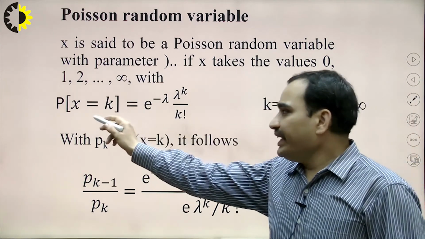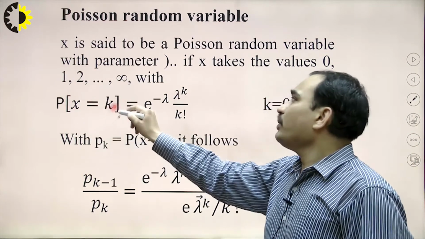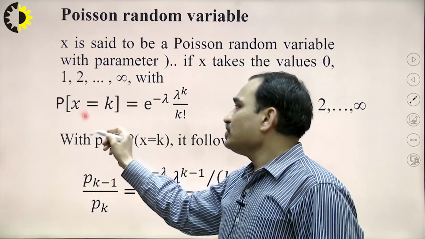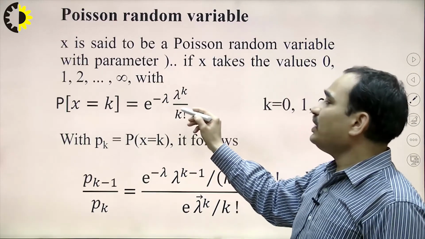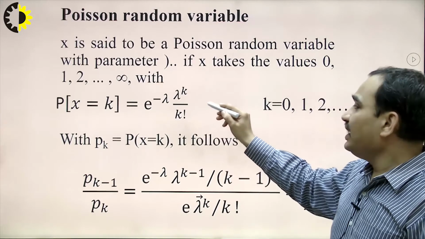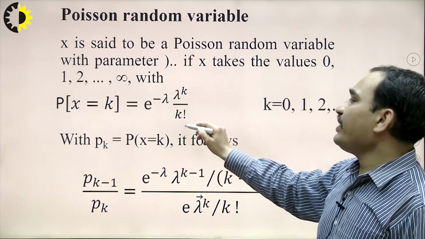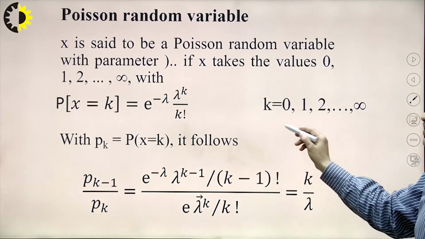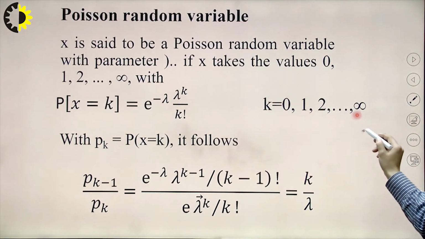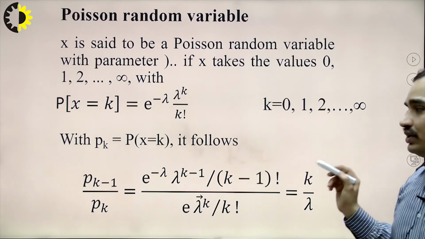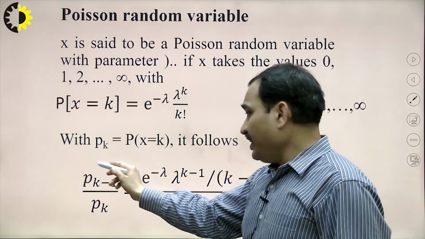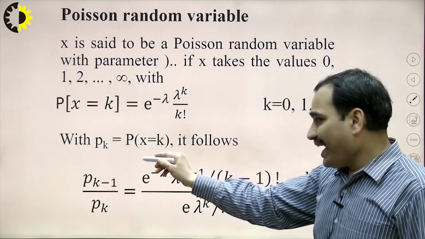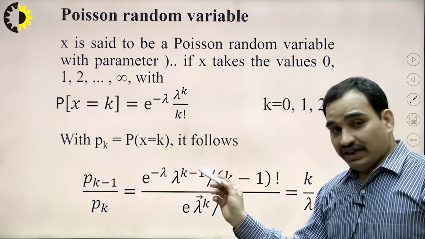So we can define the probability, which is given for x equals to k, that is e raised to power minus lambda, lambda raised to power k by k factorial, where the value of k varies from 0, 1, 2 up to infinity. So pk is equal to the probability that x equals to k.